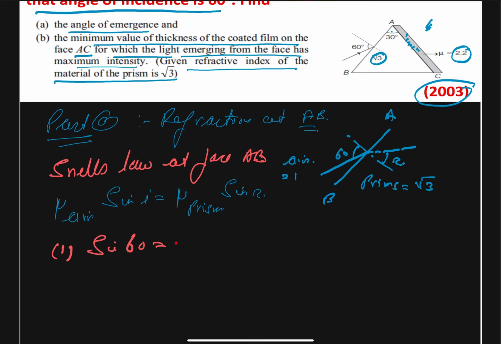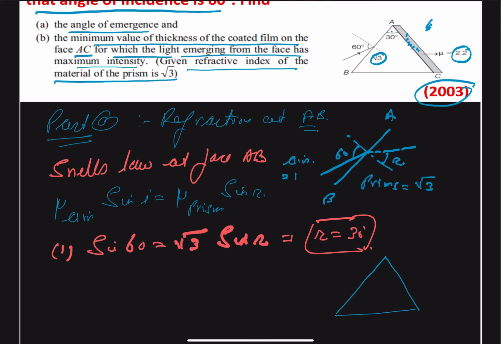Prism is given as square root of 3 and we have this as sine of R. Therefore from here we get our R refractive angle is 30 degree. Okay. Now we come to the inside of the prism, and we already know the property of the prism, that if this is the prism, so we have an angle of incidence, and let us suppose it moves in this direction and without the coating.